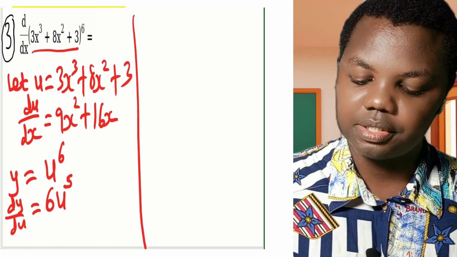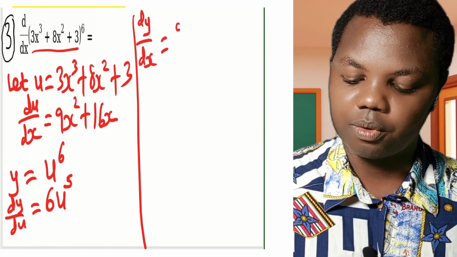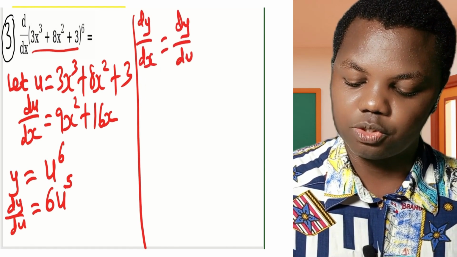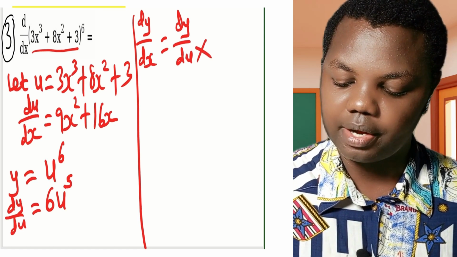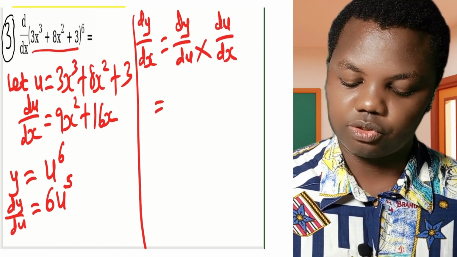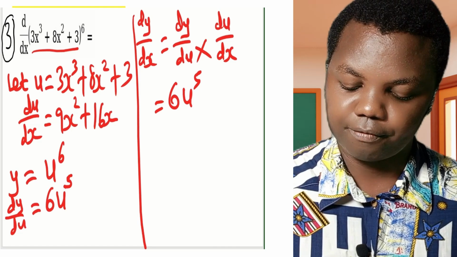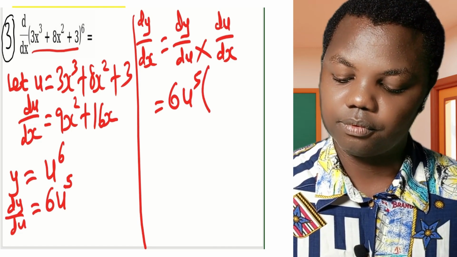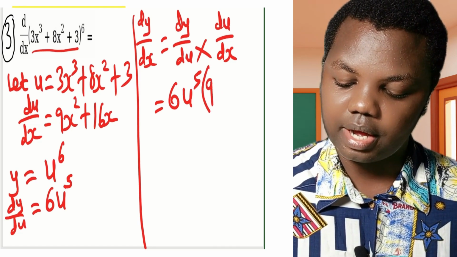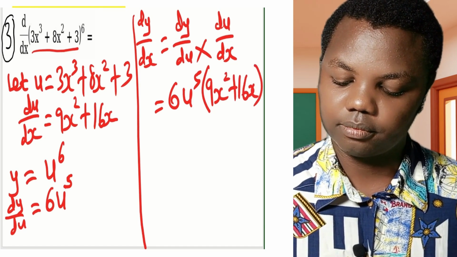Don't forget the rule says dy/dx equals dy/du multiplied by du/dx. So I'm going to have 6u to the power of 5 multiplied by brackets 9x squared plus 16x.